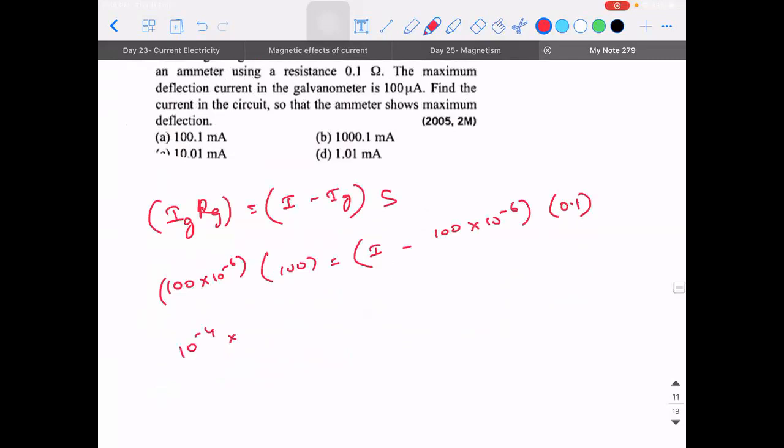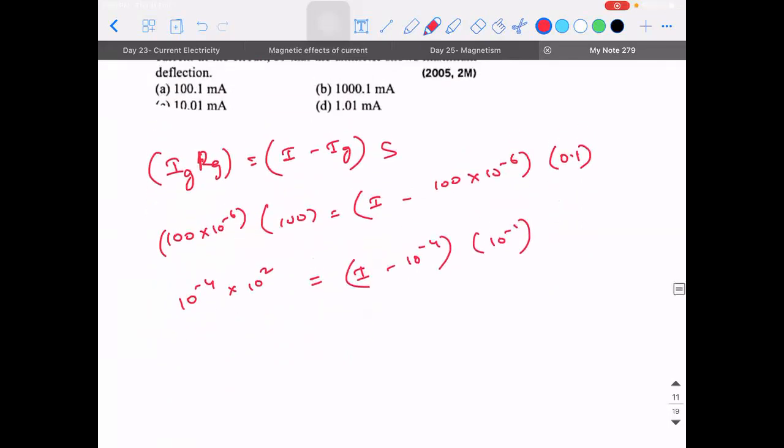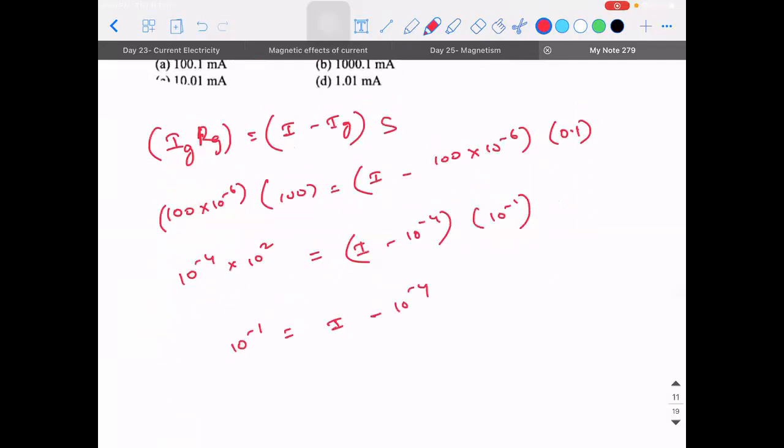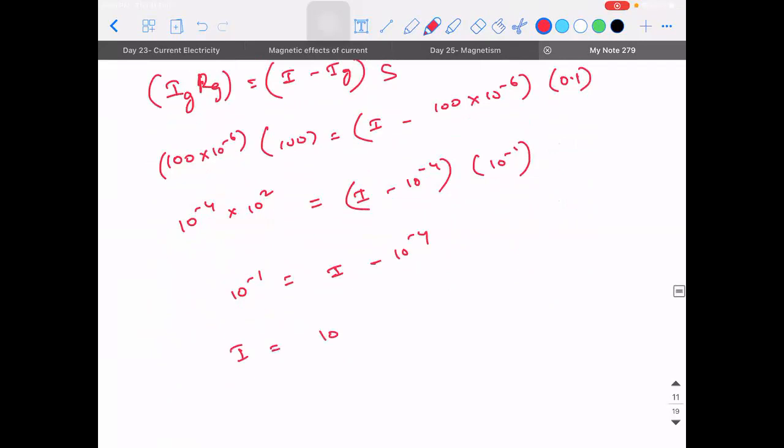So 10 power minus 4 into 10 square is equal to I minus 10 power minus 4 into 10 power minus 1. That comes to the other side. So 10 power minus 2 is equal to I minus 10 power minus 4. So I will be equal to 10 power minus 4 plus 10 power minus 1. So 10 power minus 4 is 0.0001 plus 0.1. So 0.1001.